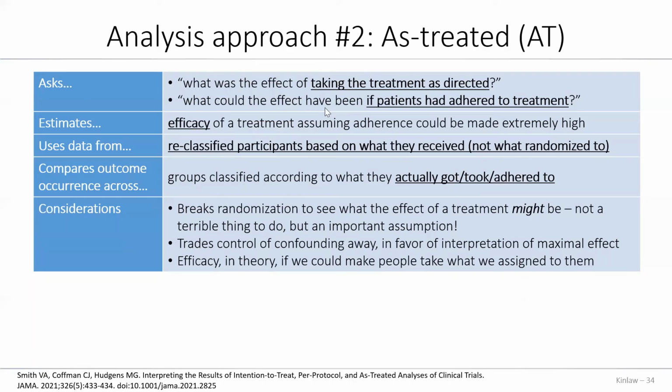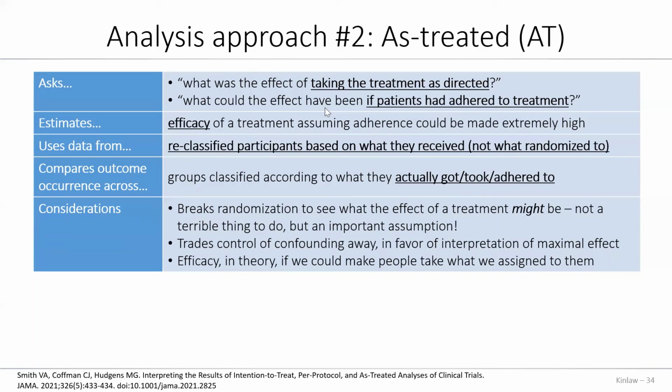This as-treated approach, or what I might refer to as AT, asks a different question from the ITT. It asks, what was the effect of taking the intervention treatment as directed? Or alternatively, what could the effect have been if patients had adhered to the treatment?